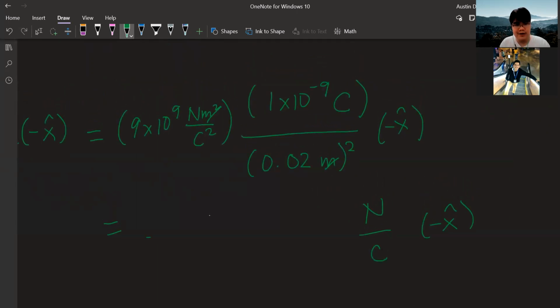Okay, for the numerator, para neat lang itsura. For the numerator, it's nice, no? Kasi 1 times 10 to the negative 9th power, tas times 10 to the 9th power. So, magka-cancel sila. Ganda. So, that's just 9 times 1. So, that's 9 over 0.02 squared. Now, hindi ko alam kung ano yung 0.02 squared, pero ika-calculator ko.